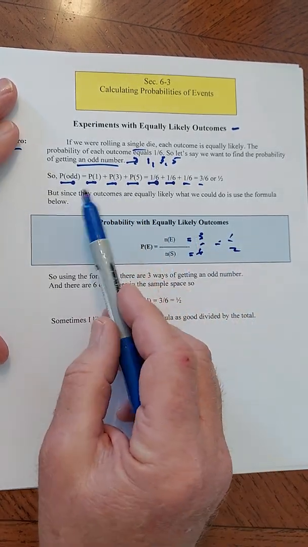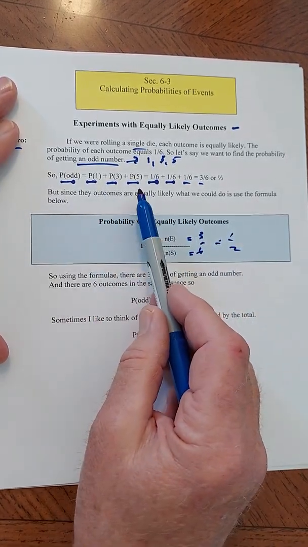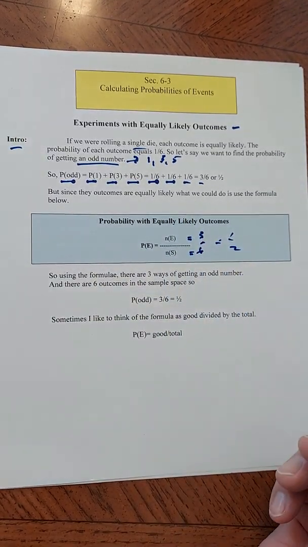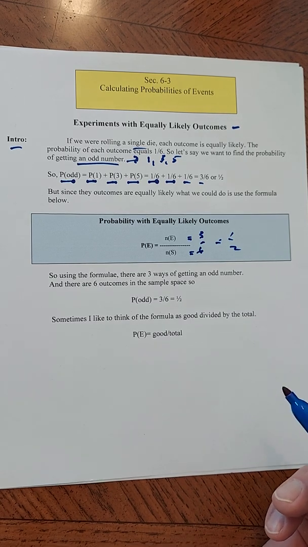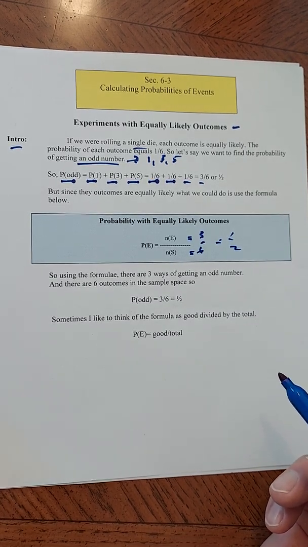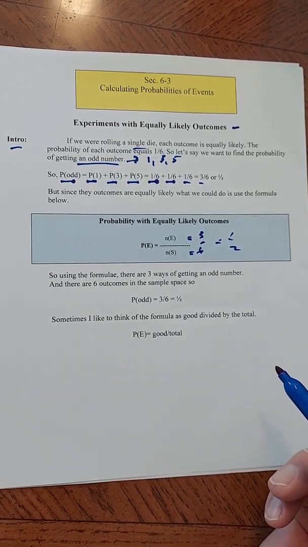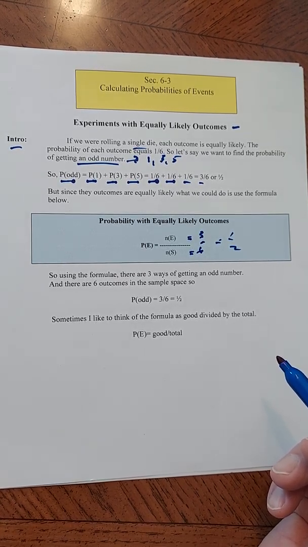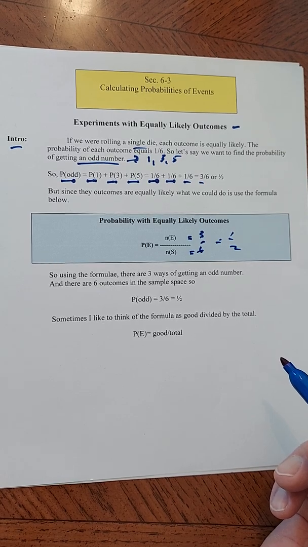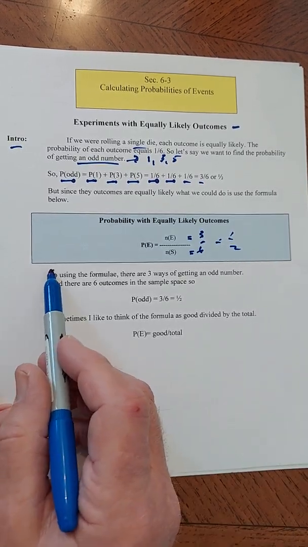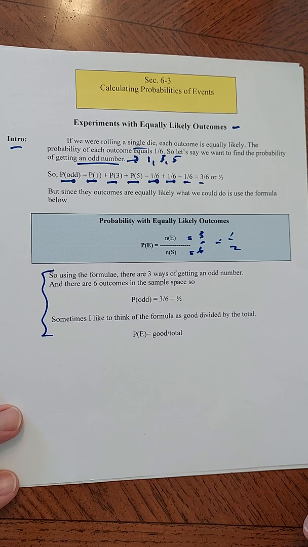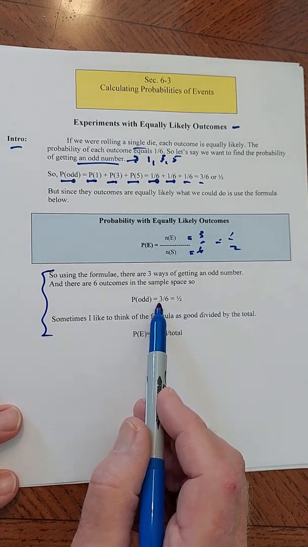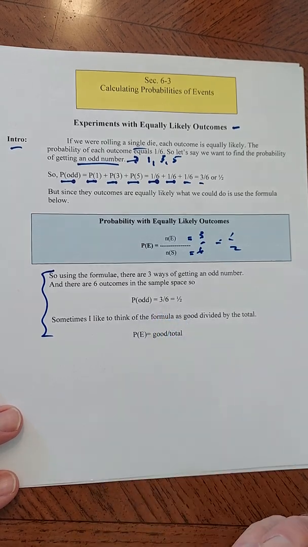Instead of going back and adding all those fractions, all I got to do is think of the number on each one, which takes you back to what we were doing last chapter, finding the number of things that happen. So we're going to be able to use things like permutations, combinations, and factorials to come up with the answer. Instead of finding each of the fractions and adding them, all I got to do is say how many different ways there are of being odd over the total, which is 1/2.